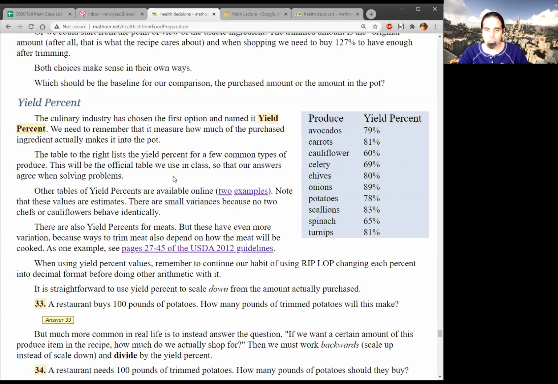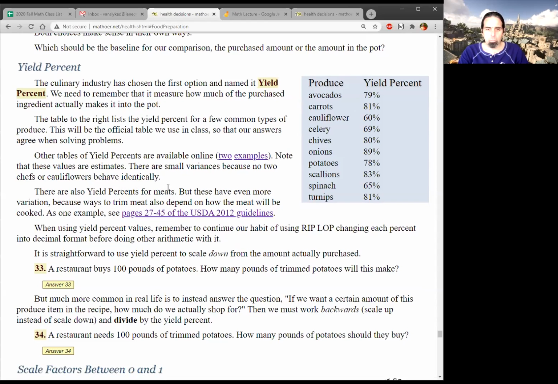There are other tables of yield percents available online. I give you links to two of them. There are also yield percents for meats, and I give you a link to that. But we're ignoring the ones for meats because that's really dependent on lots of things. Maybe a culinary class would get into that, but a math class will not.